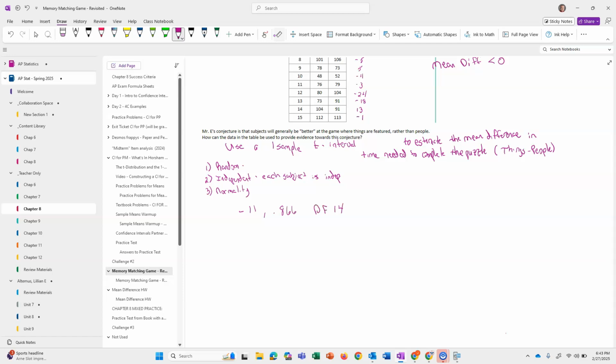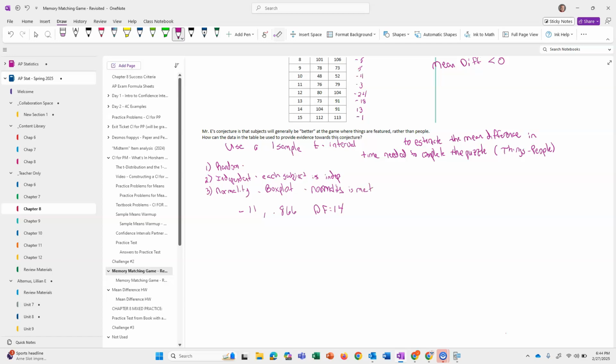And the normality condition was met from the box plot. You should always draw the box plot, at least a sketch of it. The box plot shows no outliers, no heavy skew, so the normality condition is met.